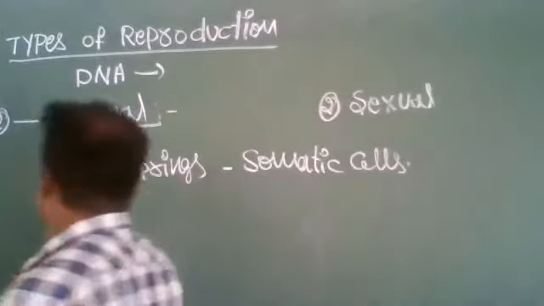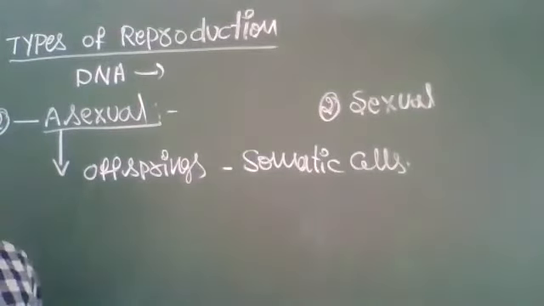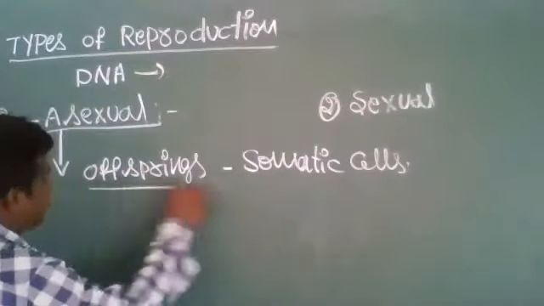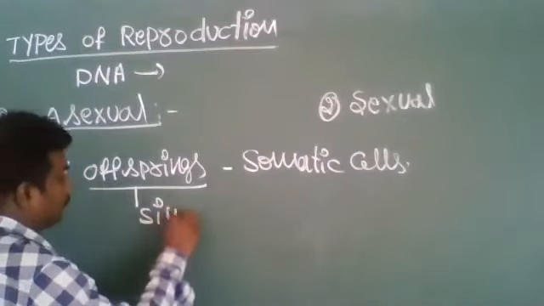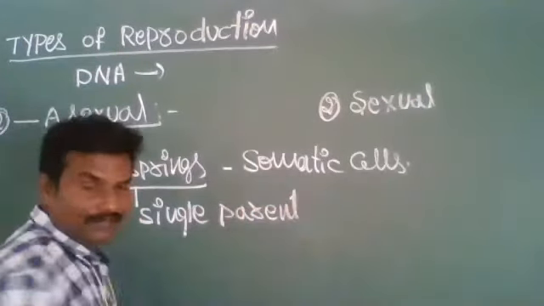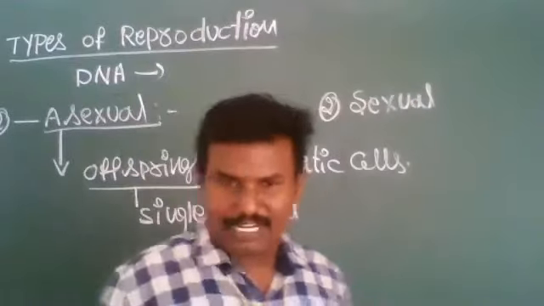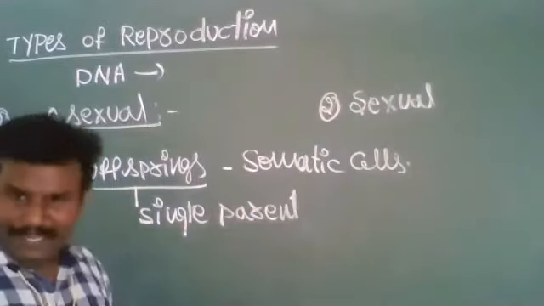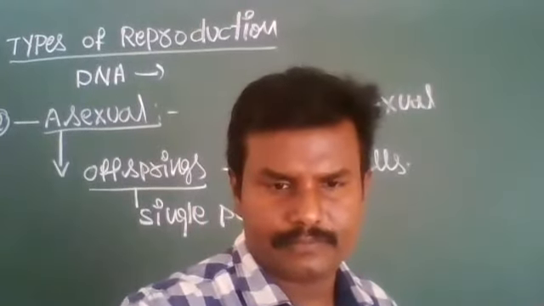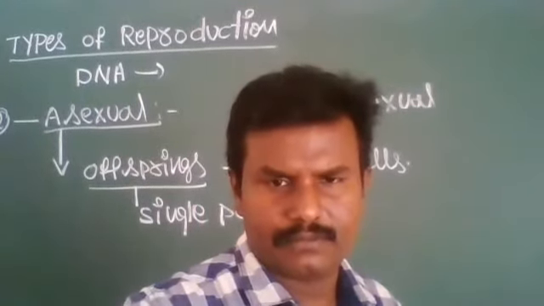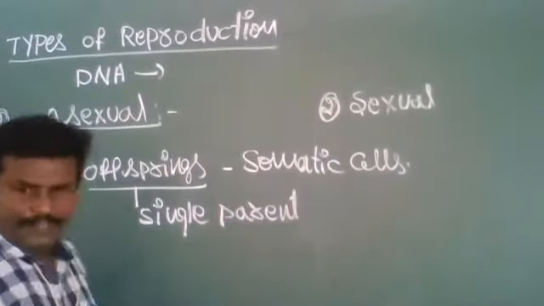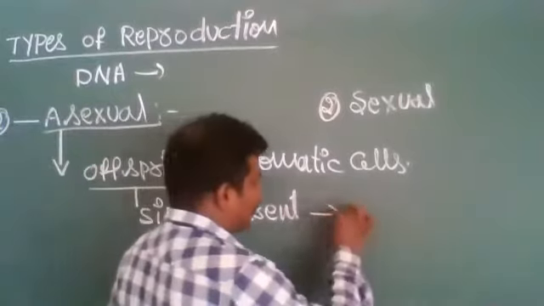In asexual reproduction, offspring are formed from a single parent. Only a single parent is involved.